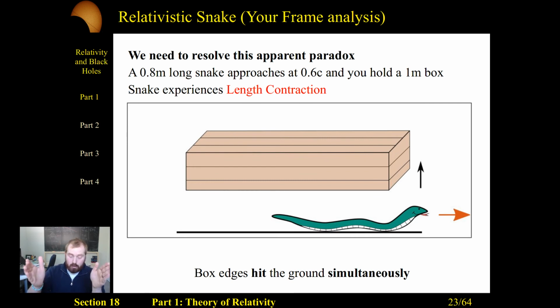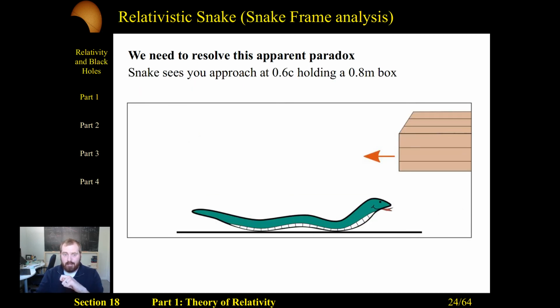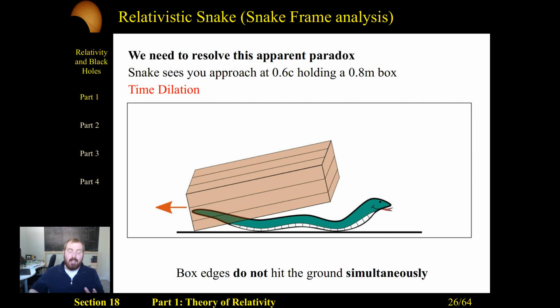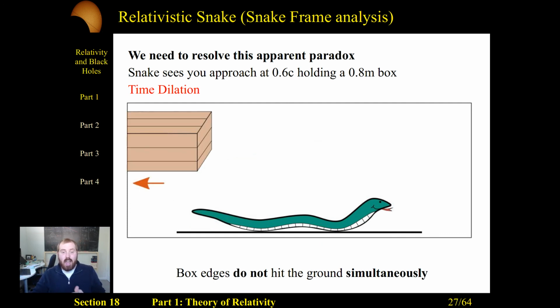So we drop the box, it hits the ground, all edges at the same time. Switch to the snake's perspective. The snake sees that shortened box. In the snake's perspective, the box has gone under length contraction. So when things go by, what the snake sees is one edge of the box hit the ground, then the other edge of the box hit the ground. And then the box goes away behind the snake.